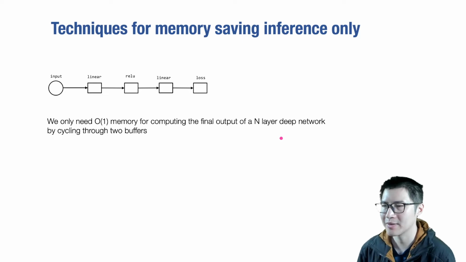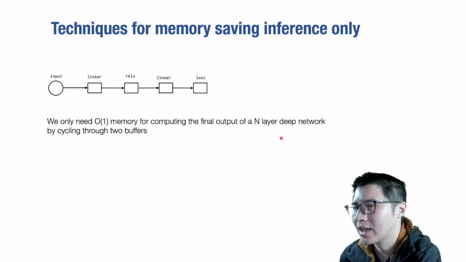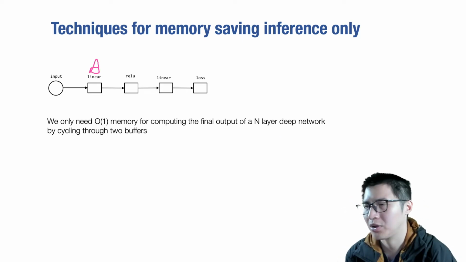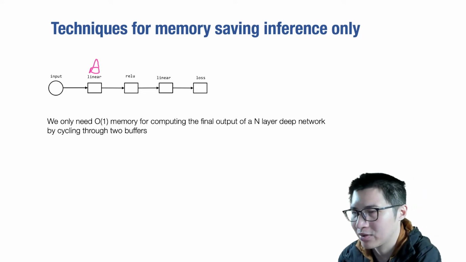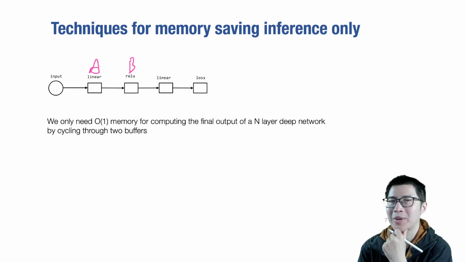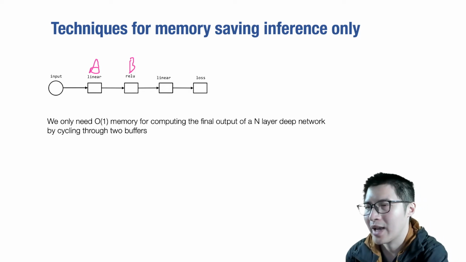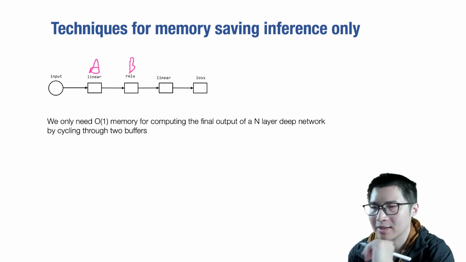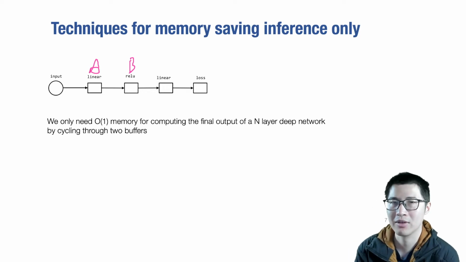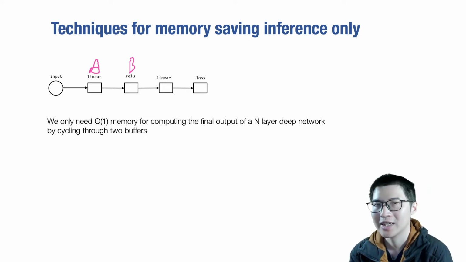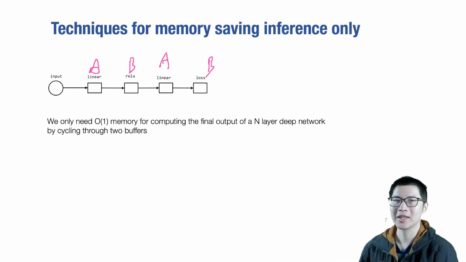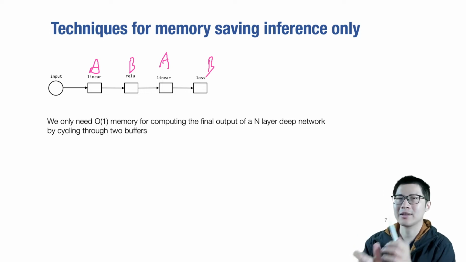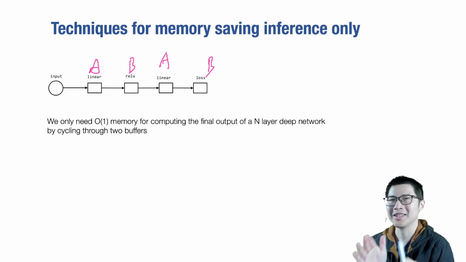To see why that is the case, I can use, say, buffer A to store the result of a linear layer. And then I use buffer B to store the result of a ReLU layer. But as I start to compute the result of the next linear layer, buffer A is no longer needed because we already have the ReLU value in B. So I can use A again, then B again. The effective idea is that we can cycle through two buffers in a ping-pong way.